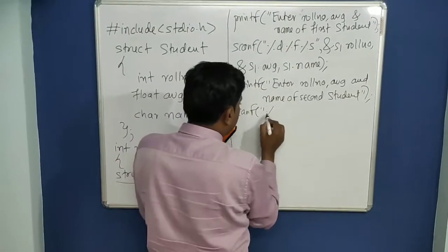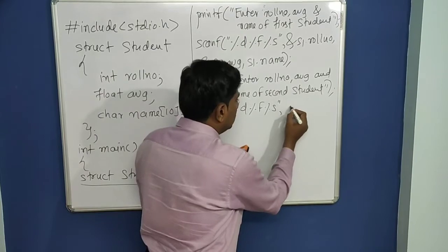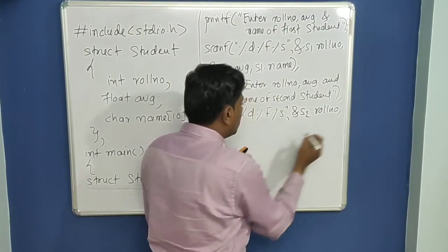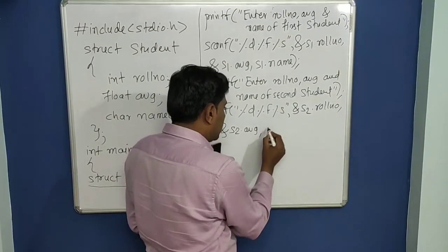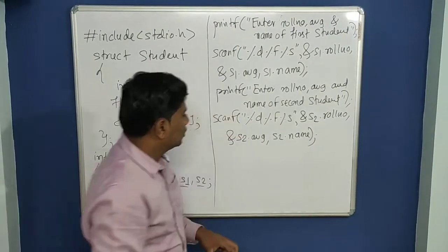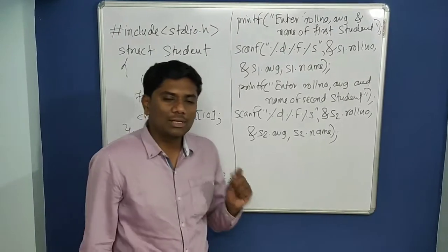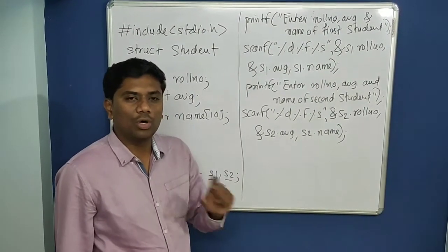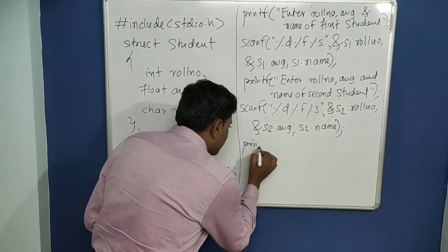The format specifiers will be the same, %d, %f, %s, then &s2.roll number, then &s2.average, and then s2.name. Getting? So here we have read information of the second student, and what is the last part of the problem statement? Now we need to print this information on the output screen. So use printf.